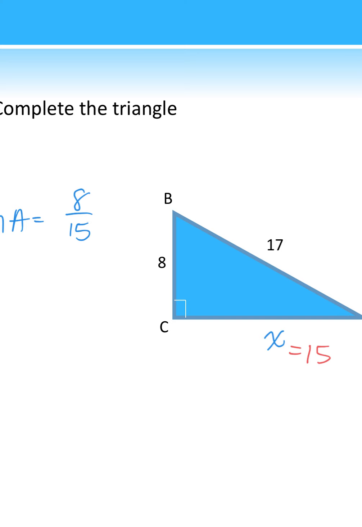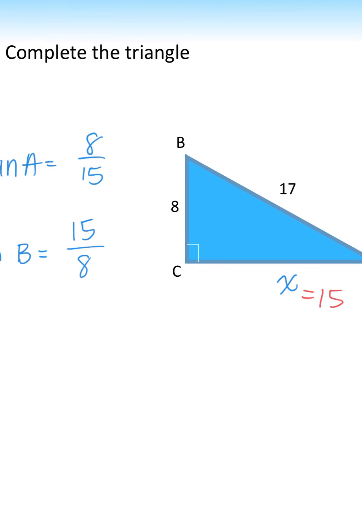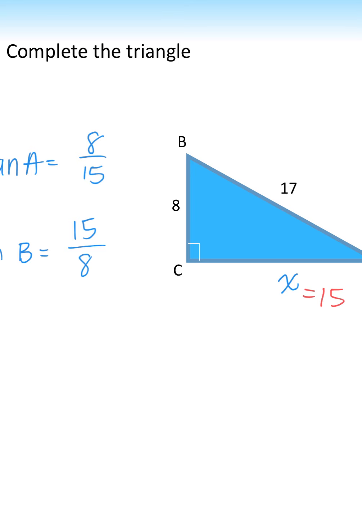What's the tangent of B? 15 over 8. So A is going to be equal to the tangent inverse of what? 8 over 15.